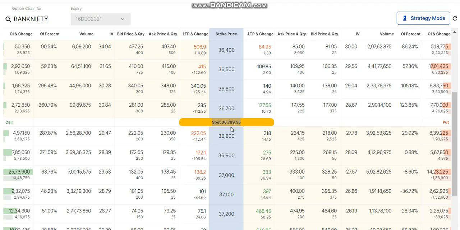Considering that in mind, if you are an option buyer, then always wait for the trend creation in the chart and then enter with a strike price which is near to the spot price.